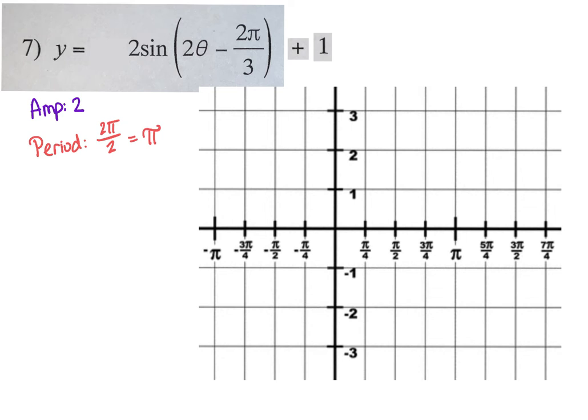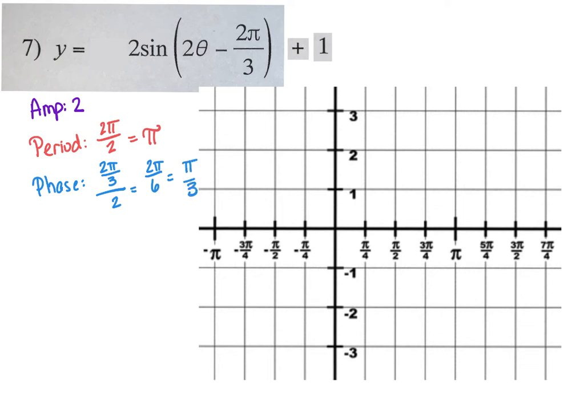My phase shift, once again, is going to be negative C over B. C is negative 2/3, so we're going to say positive 2/3 over B, which actually works out to pi over 3. So we end up with 2 pi over 6, which reduces to pi over 3.